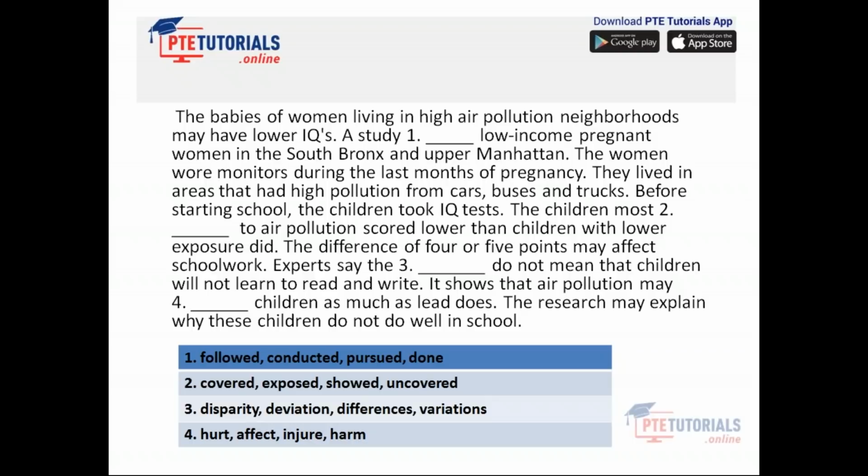Sometimes the answer we choose is as per our knowledge. We don't connect it to the previous line or the coming line. Unless you are reading the line, how can you get the crux of that line, that which particular word should come there? Haven't you noticed here the word is difference?